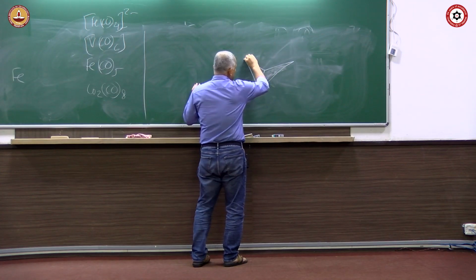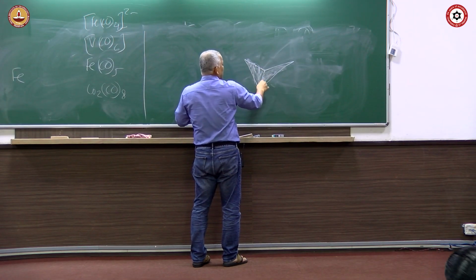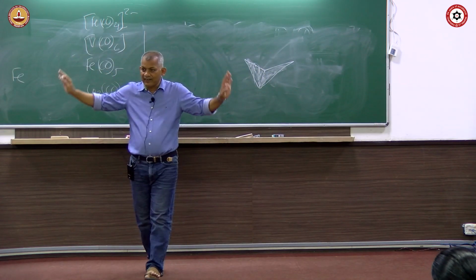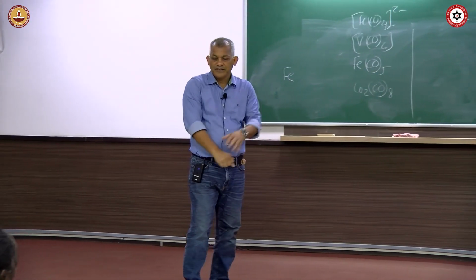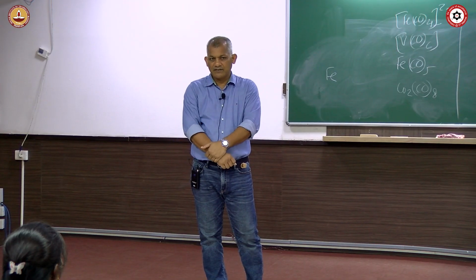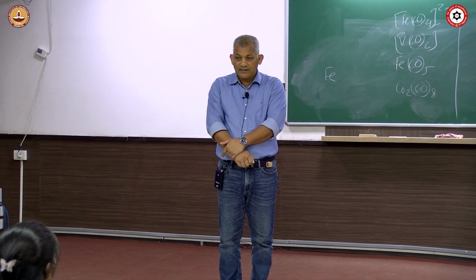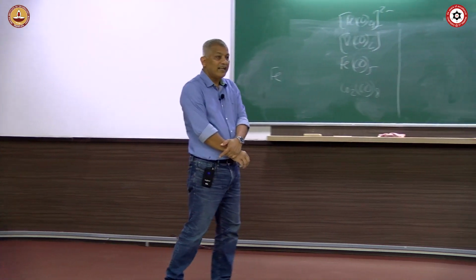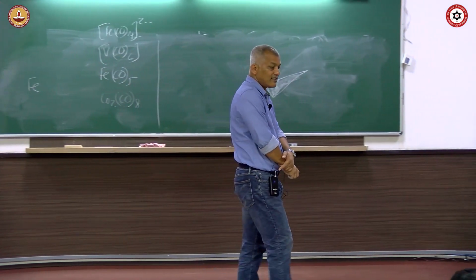Now you know the butterfly. But this is also 4 ligands. So you have tetrahedral, square planar, and butterfly. Okay, 5 ligands. Very good. Next.